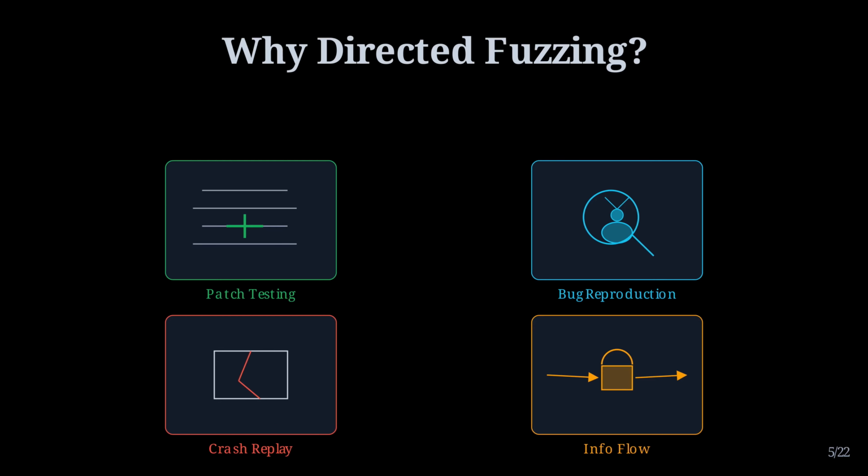And especially with crash reproduction, a failure gets reported from production and we want to recreate it locally for debugging, and also for information flow analysis, checking whether sensitive data can propagate to certain program points. In every one of these cases, the target is known ahead of time, which makes directed fuzzing the natural fit.